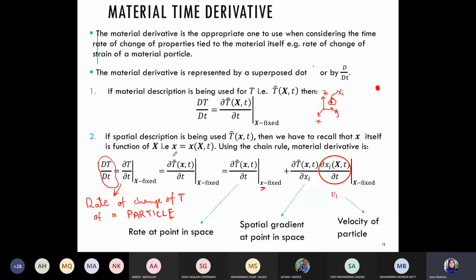एंड फिर इट मे बी कि कोई एक पार्टिकल उस पॉइंट से एक वक्त पे गुजर रहा, फिर कोई अगला पार्टिकल गुजर रहा, एंड सो ऑन, बट आई जस्ट नो इट एट पॉइंट्स इन स्पेस. So how I can use that description of temperature field to find the rate of change of temperature of a particular particle is by actually considering okay कि ये particle, ये मेरा xi है, ये अभी space के अंदर कहाँ है, ये है actually किसी small xi के ऊपर.